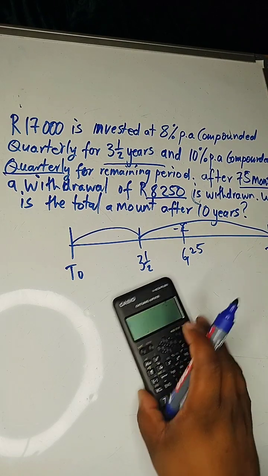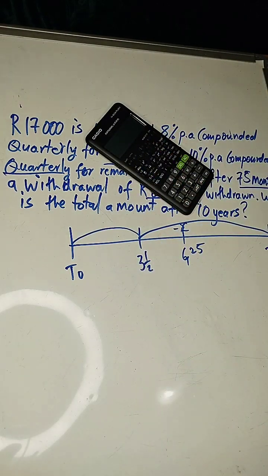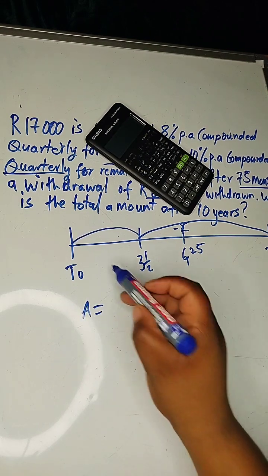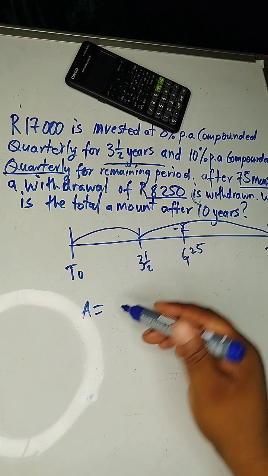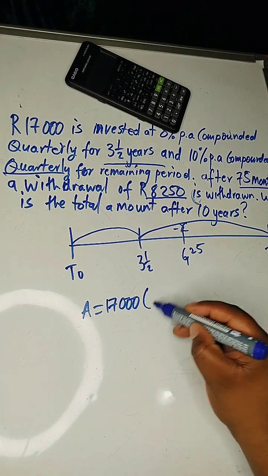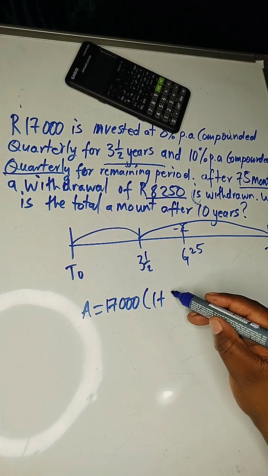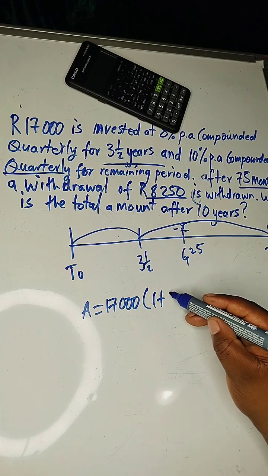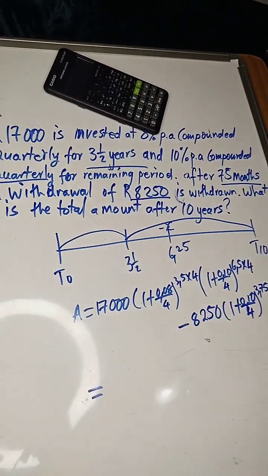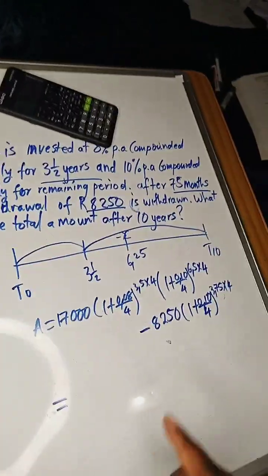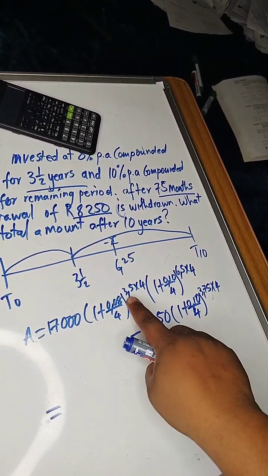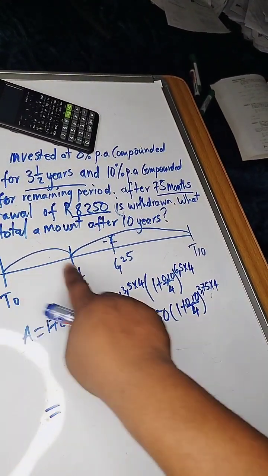Now come with me. So how do we do this one? We say A is equal to how much was invested, 17,000, into 1 plus 0.08. As I was saying, we will do it like this: 17,000, and then we have this 3.5 from here to here.